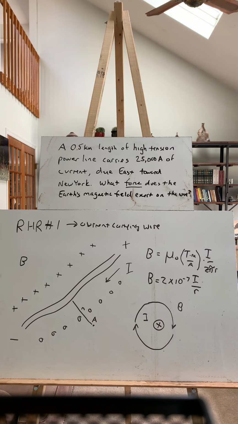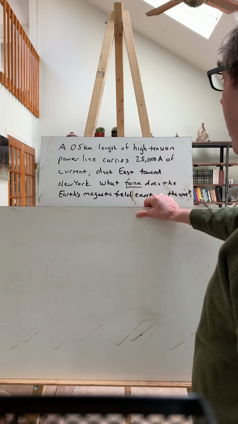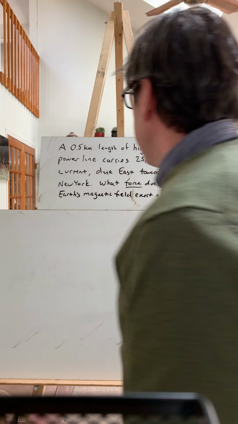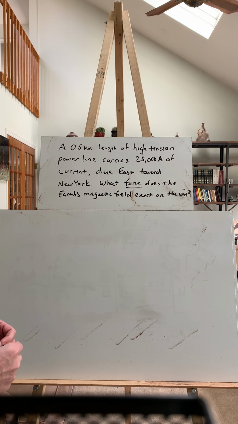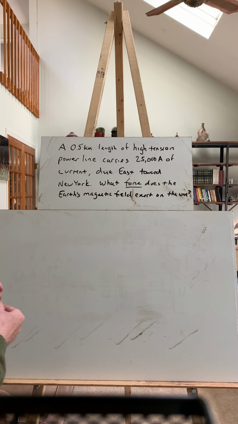Let's say that we have a 0.5 kilometer length of power line carrying 25,000 amps of current, and it's carrying that from some kind of a power generating station due east to New York. What is the force exerted by the Earth's magnetic field on the wire?